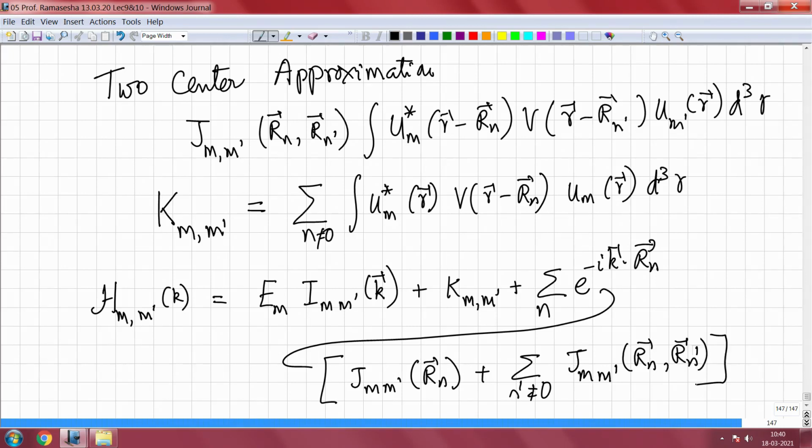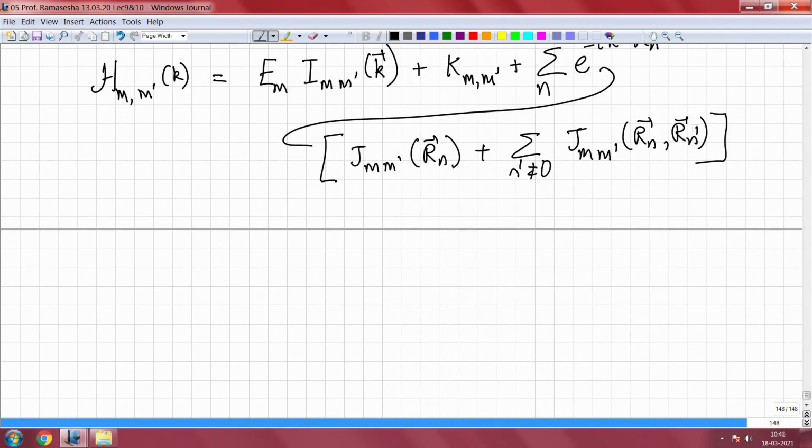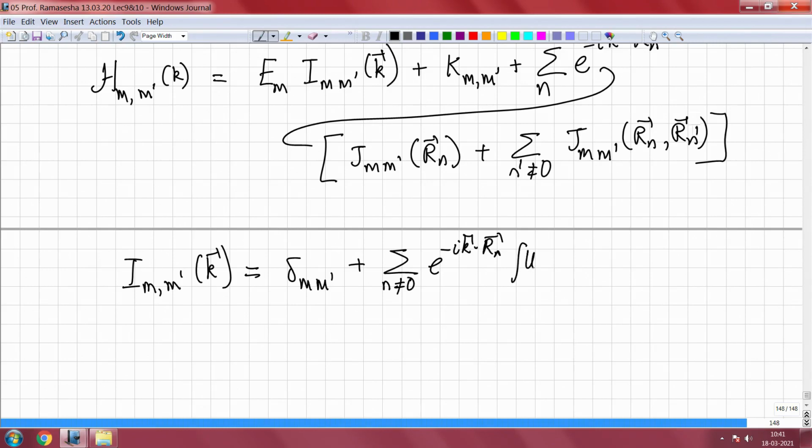So this will be the Hamiltonian matrix element, which is a numerator, and the denominator will be the following: I m m prime k, which is equal to delta m m prime, plus sigma over n not equal to 0 e to the minus ik dot Rn times integral u m star r minus Rn u m prime r d cubed r.